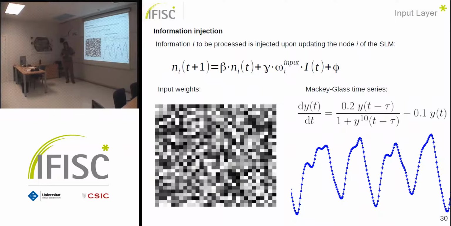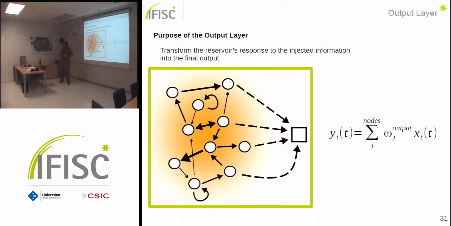So good, this is the input layer. The final part of the reservoir computer is the output layer. As I said before, the output layer transforms the response of your reservoir into the final output of your computer. In our case, we are going to implement an output layer that is linear regression, which does basically this operation.